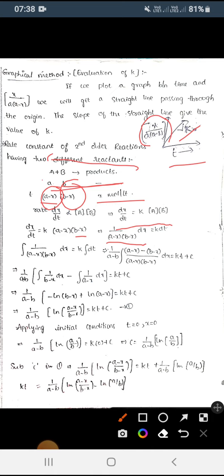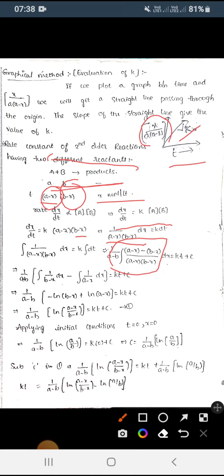By doing integration, we have to solve this one. So 1 by (A minus B) of the integration of [(A minus x) minus (B minus x)] divided by (A minus x) into (B minus x) dx is equal to kt plus c. This is the equation we are having.